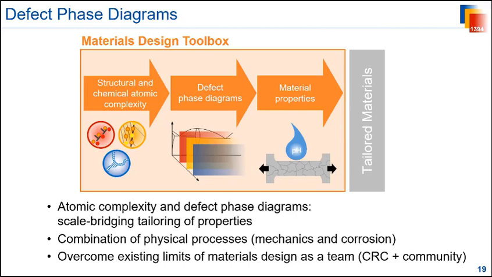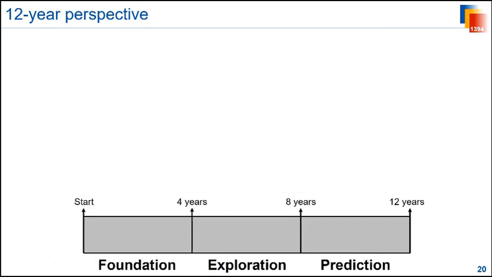We'll do this as a team, and so this means all CRC members, but we think this also means the greater scientific community, because everything we want to do, the frameworks, a lot of our data, we'll make open access so that the entire community can contribute and make this framework grow. So with this in mind, I'd like to introduce you to our 12-year horizon.